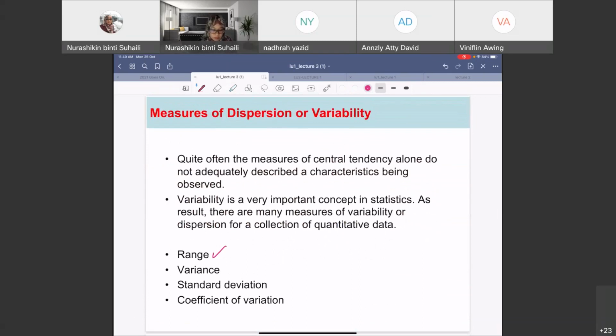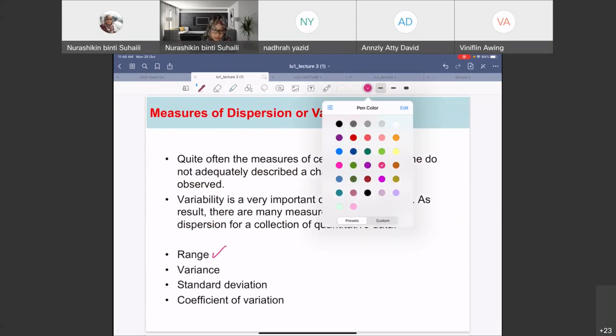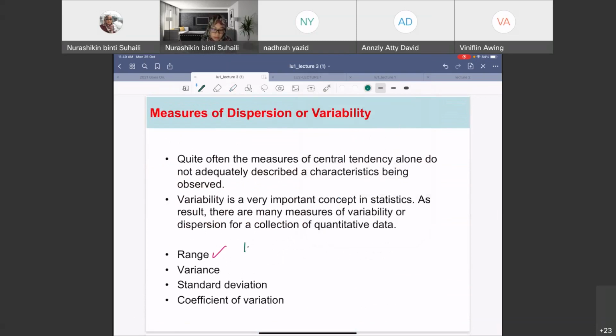Okay, so you know what range is? It denotes the range from the lowest point to the highest point. So whenever you have the data and you have identified the lowest and the highest point, for example, just now I discovered that the marks range from 60% to 95%.